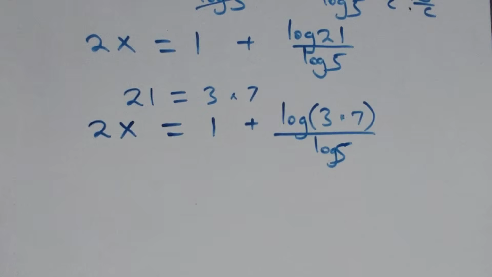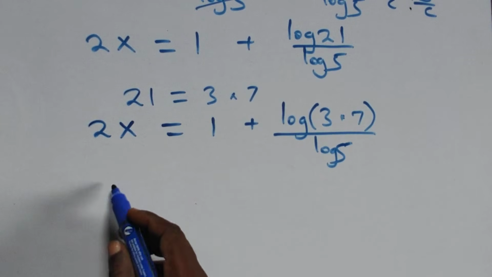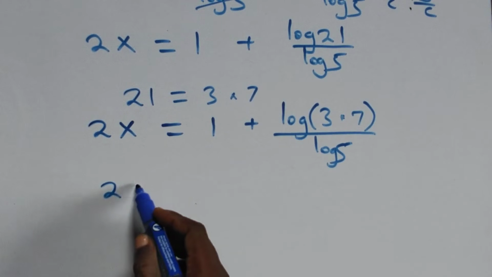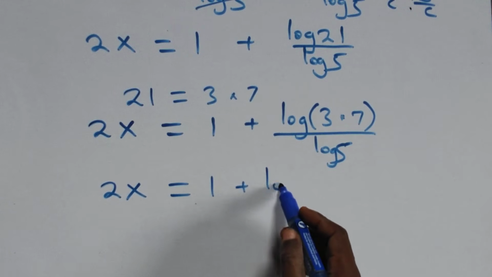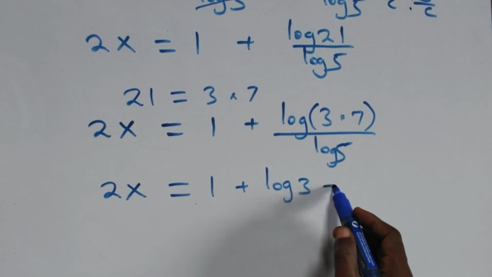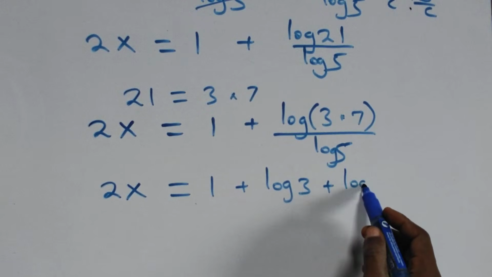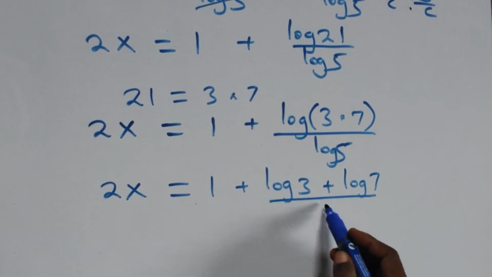That is, also we apply the law of logarithm, and we have 2x equals to 1 plus log 3 plus log 7 over log 5.